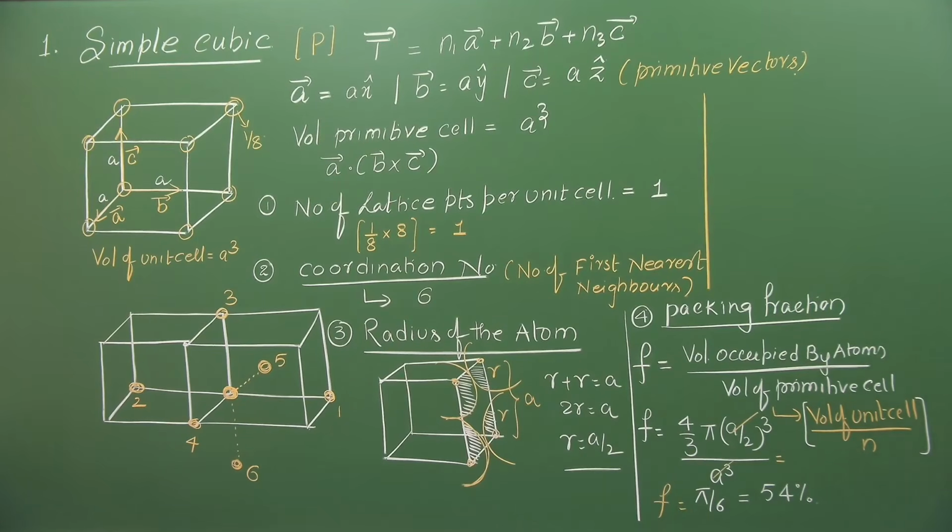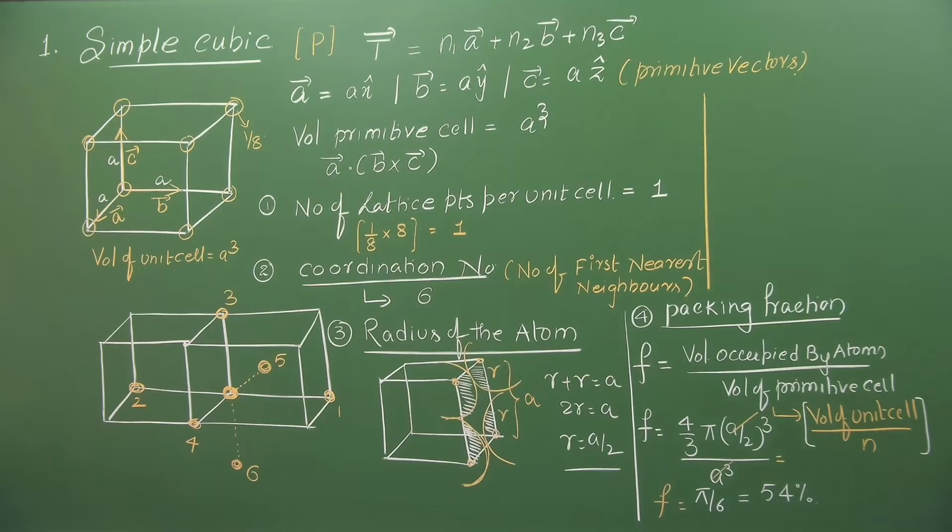If the gold is in simple cubic, will you buy it? Why? Gold atoms only 54%, remaining 46% empty space. So then what is the gold? What is the crystal structure of gold?